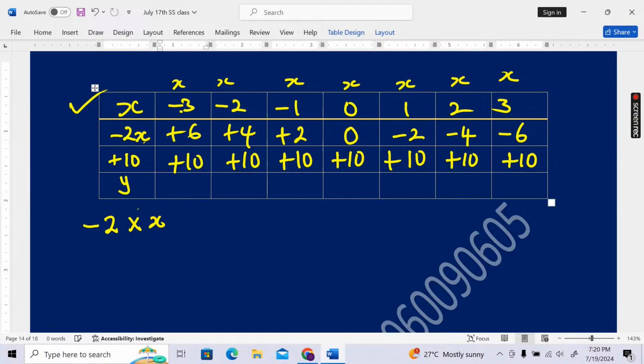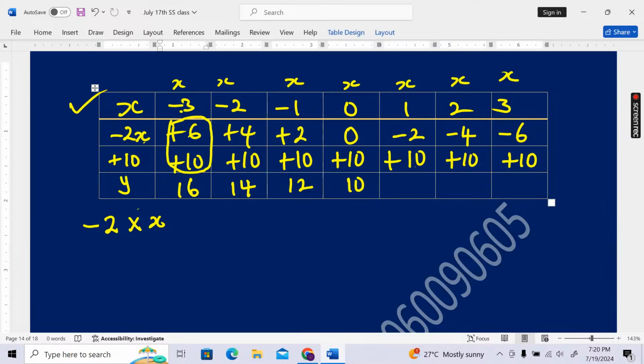Then what will be the value of y? We're going to add up these numbers together. 6 plus 10 will give us 16. 4 plus 10 will give us 14. 2 plus 10 will give us 12. 0 plus 10, that is 10. Then minus 2 plus 10. Anytime you have negative and positive, the best thing is to say the positive before the negative.